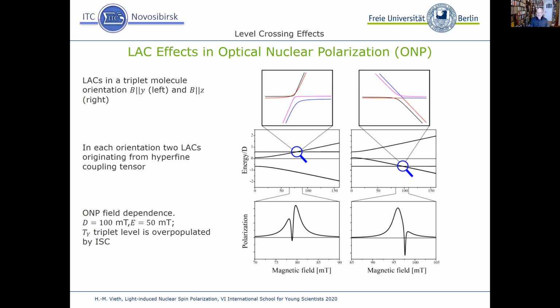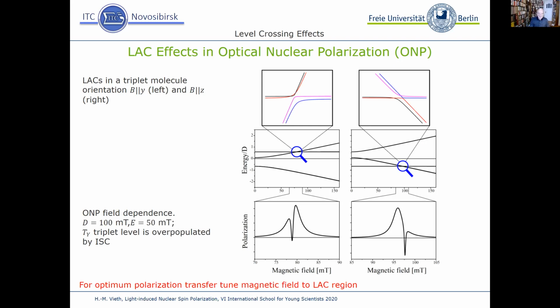The same is shown for the orientation of the crystal so that the zero field splitting tensor is oriented parallel with its z-axis along the external magnetic field. So for getting the maximum polarization of the nuclear spins, we have to tune the magnetic field to the level crossing region.